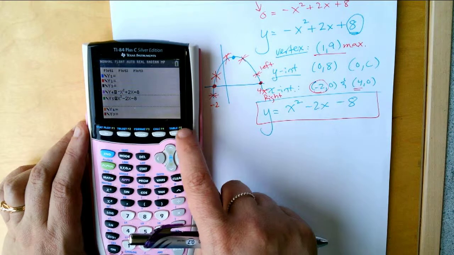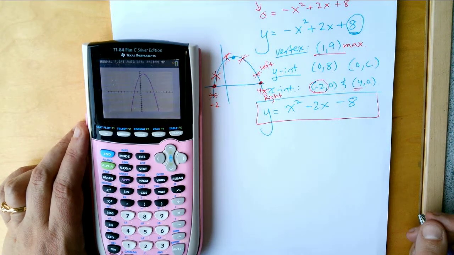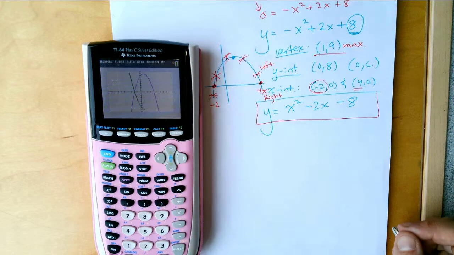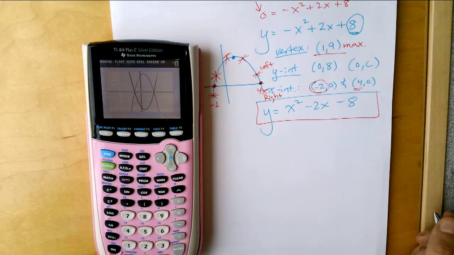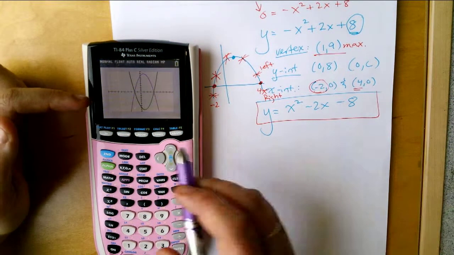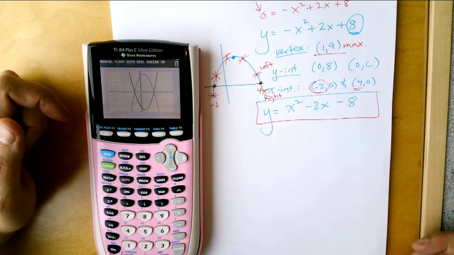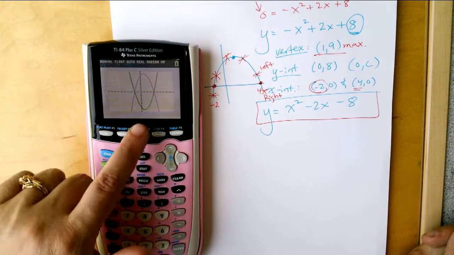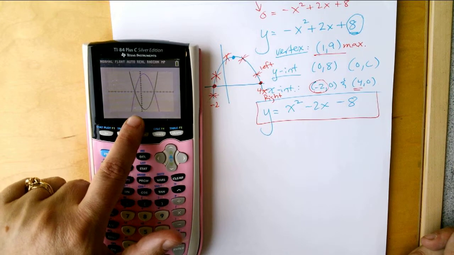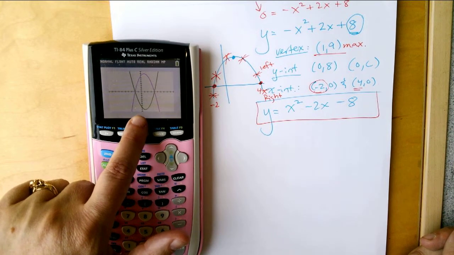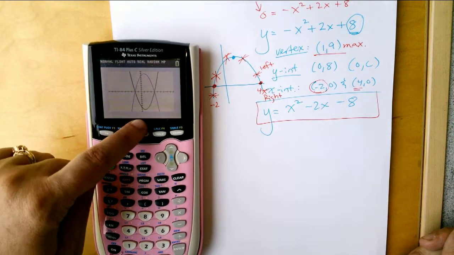And you might notice something coincidental. When I press graph, I already have the other one graphed in pink. And now my other one is graphed in green. These guys have the exact same x-intercepts. But notice the vertex and the y-intercept. The y-intercept and the vertex are different, but they're almost exactly opposite.